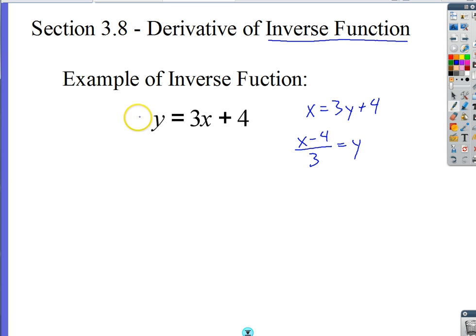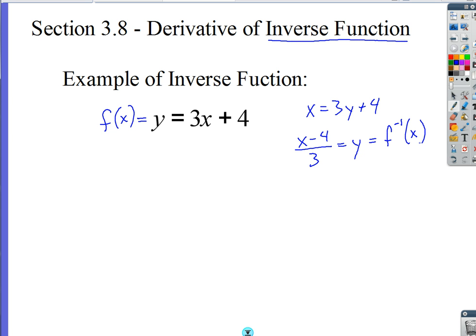And so we often say that this is a function with respect to x, and then our inverse function can be denoted as f inverse of x. Again, these are things you should know from Algebra 2.